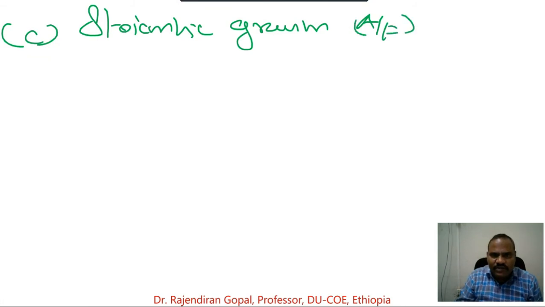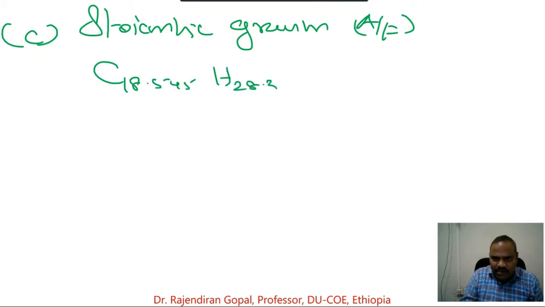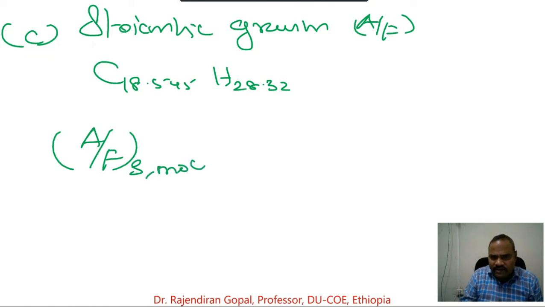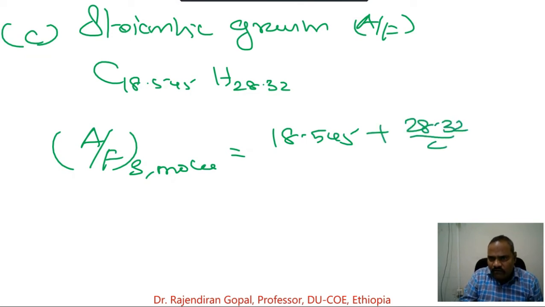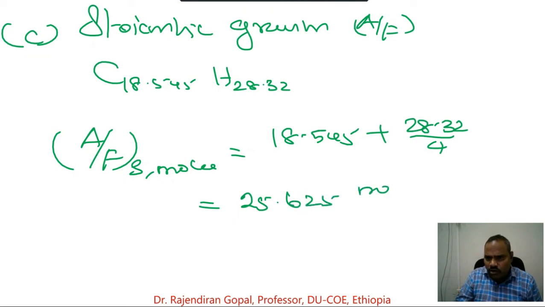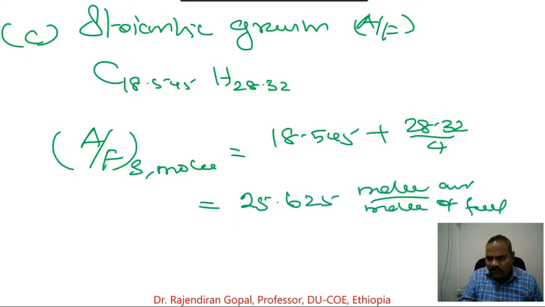Now the question C is the stoichiometric gravimetric air fuel ratio. So the stoichiometric air fuel ratio of the fuel, that is C18.545 H28.32, on mole basis is equal to 18.545 plus 28.32 over 4, that is equal to 25.625 mole of air per mole of fuel.